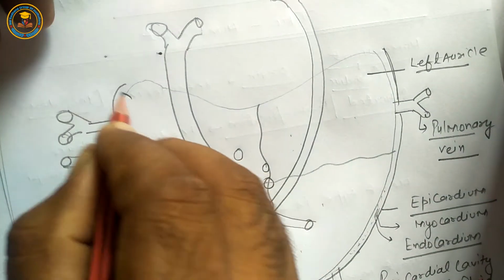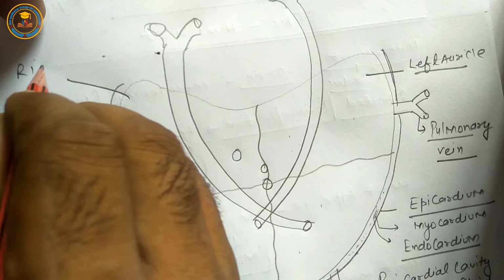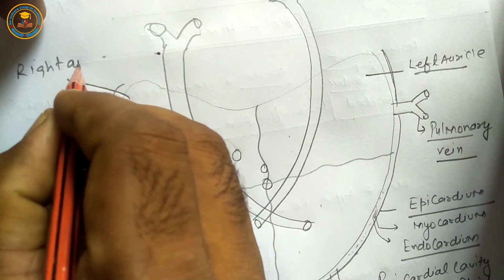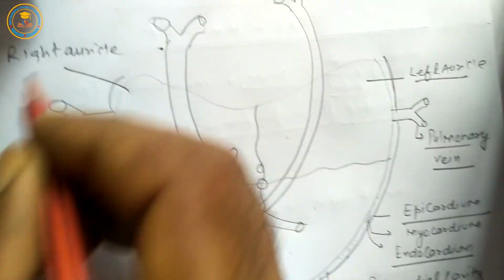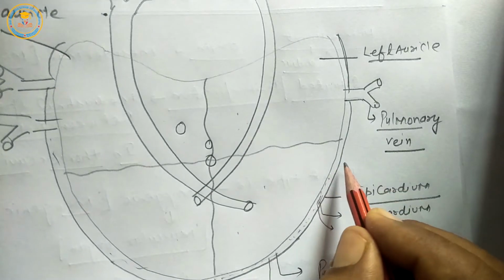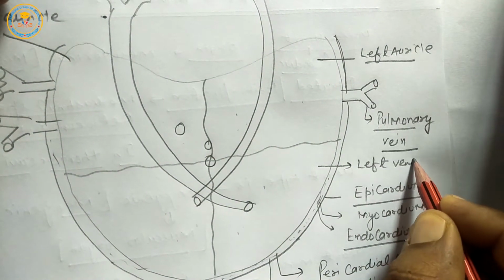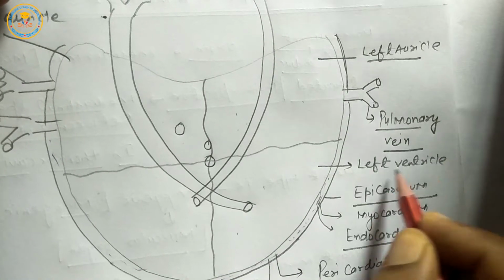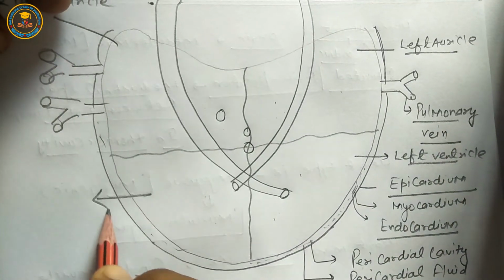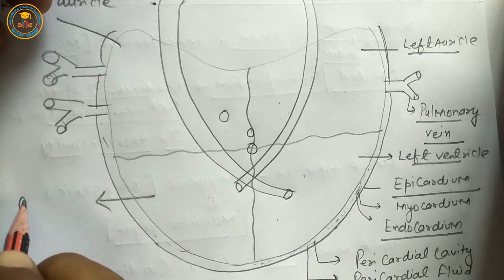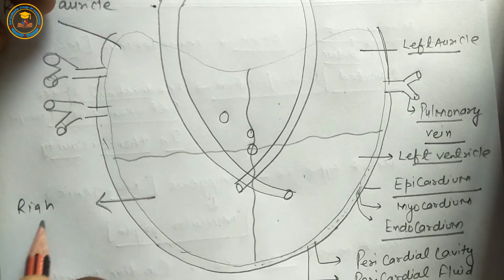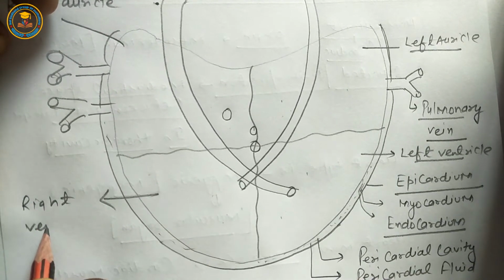In right side, right auricle. In below left side, left ventricle. In right below side is right ventricle.